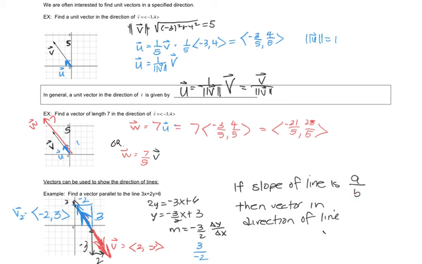So the change in y is A, the change in x is B. Change in y, change in x. Vertical component, horizontal component. And we could have plus or minus that.